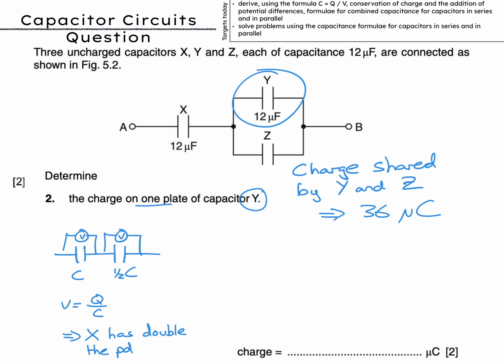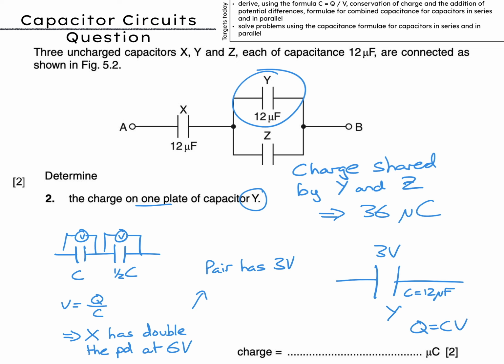Since we know X has a PD of 6 volts from the previous part, that means the pair has 3 volts. So the PD across Y is 3 volts. Its capacitance is 12 microfarads. Q equals CV, so 12 times 10 to the minus 6 times 3 equals 36 microcoulombs.